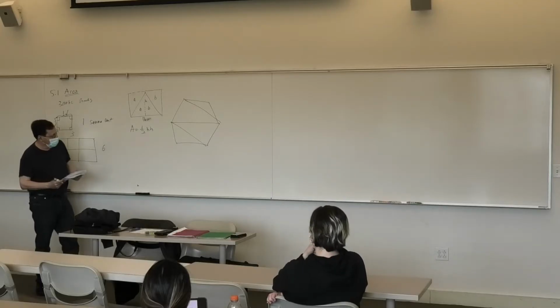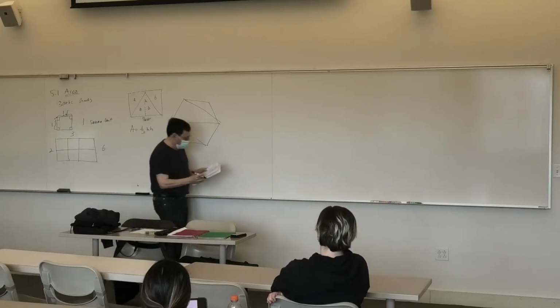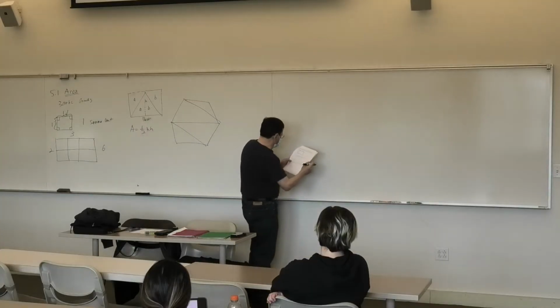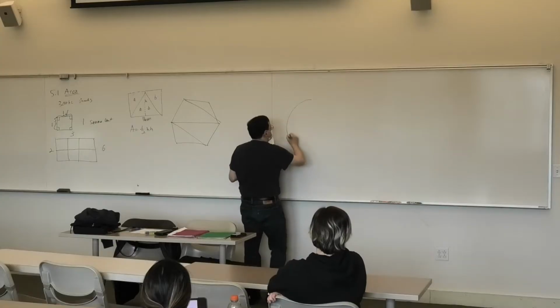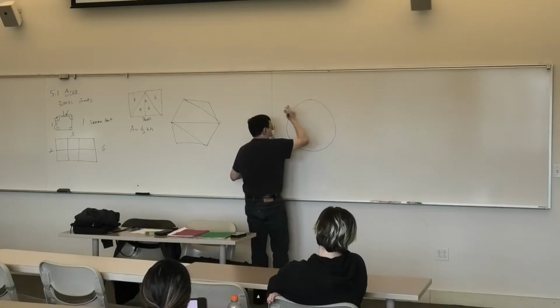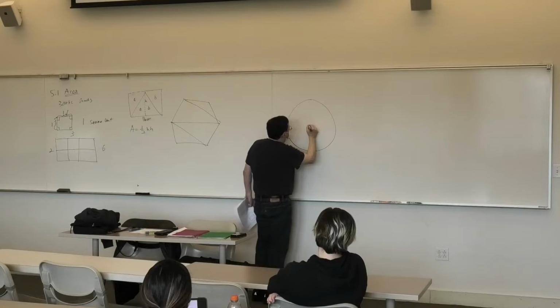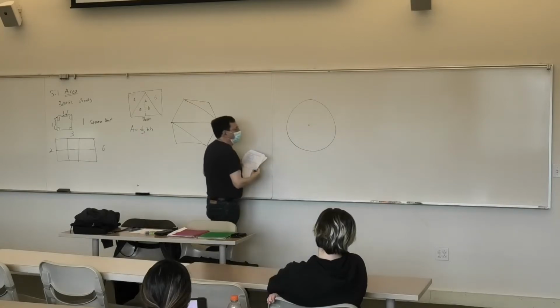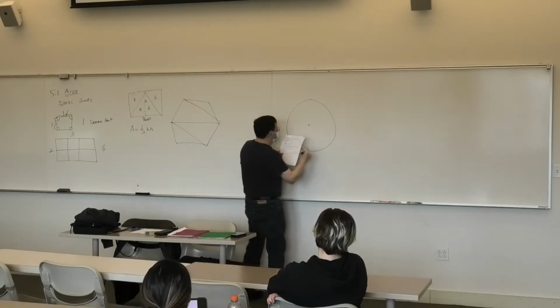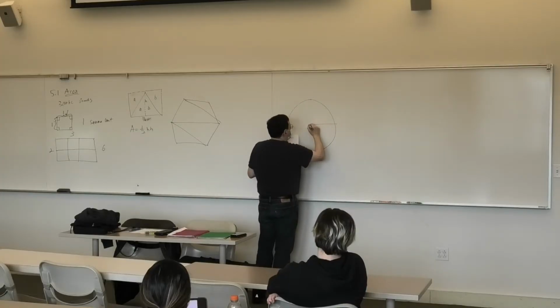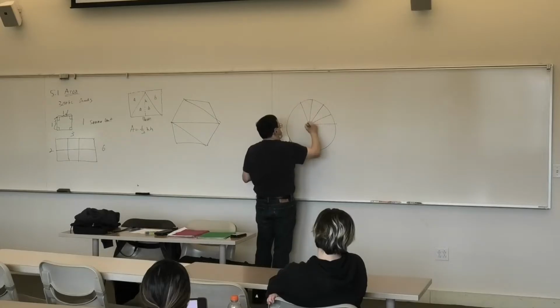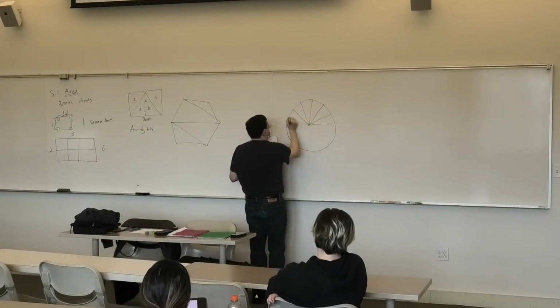And then there's one more step we can go. We can take a look at a circle. How are we going to figure out the area here with our rectangles and our triangles? What we can do is break up our circle into triangles.